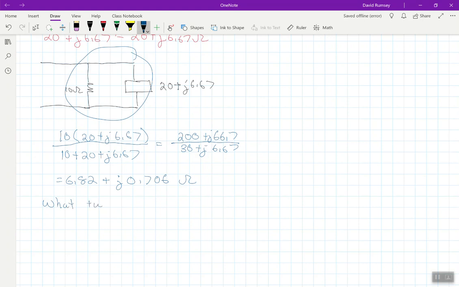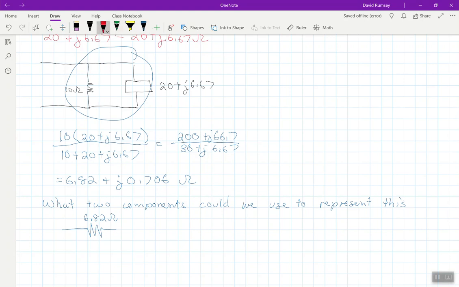Now again, if I were to ask the same question here, what two components could we use to represent this? Well, the first component should always be easy because the real part is always a resistor at the value there, so 6.82 ohm. And now the only question is, is this term here an inductor or capacitor?